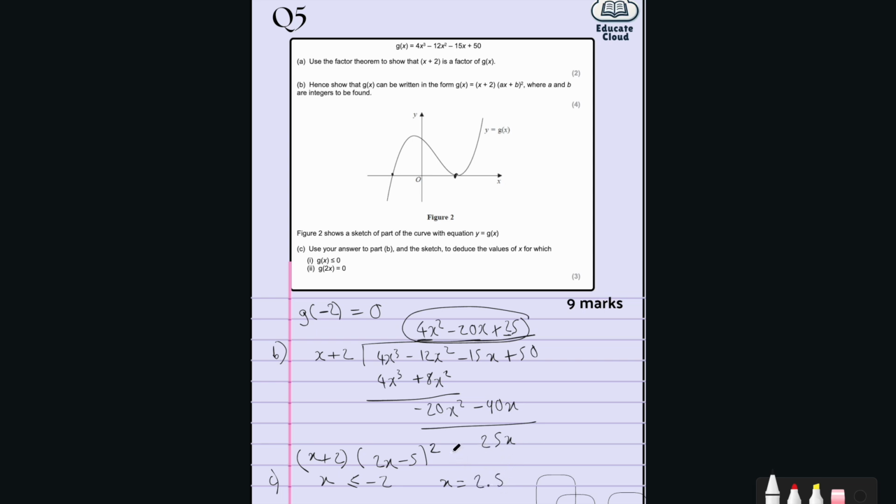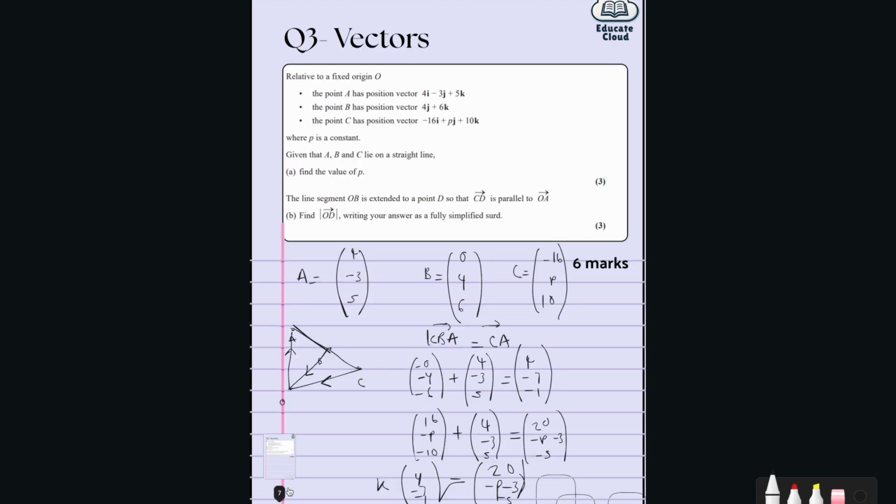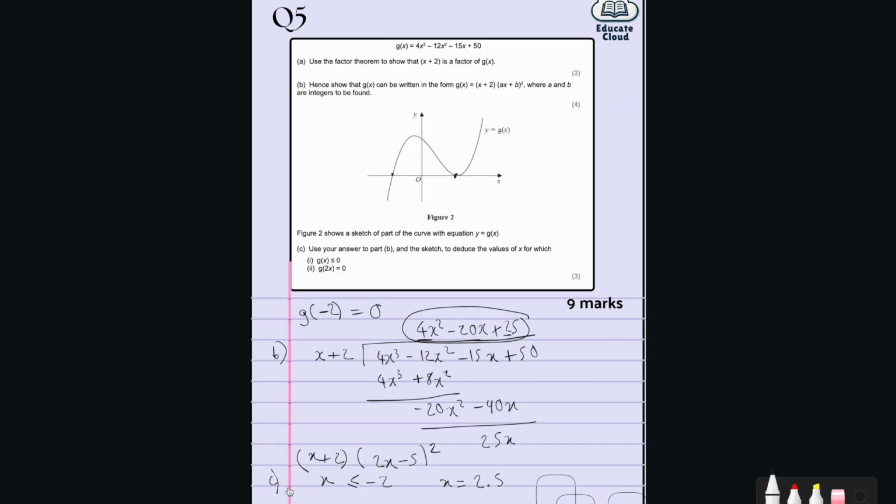Okay? And for part I, g of 2x, so that's just going to be this graph, kind of just squeeze like that. So that will be 1.25, and that will be minus 1. So it's just squished.